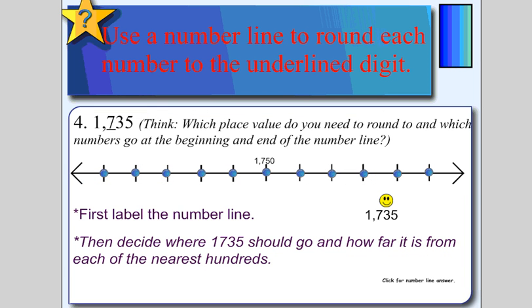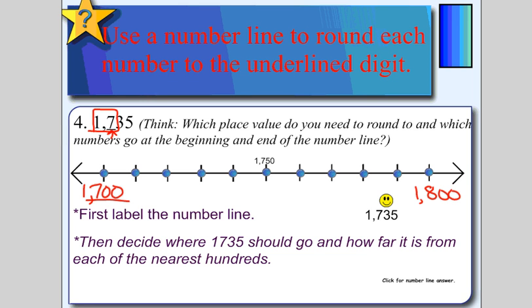We're going to look at 1,735. First, we think which place value we need to round to. I know I'm rounding to the nearest hundred. So I'd want to make sure I actually label my number line. 1,700 I know is my lowest point, and my highest would be then 1,800 because I know that's the two choices I have for rounding.